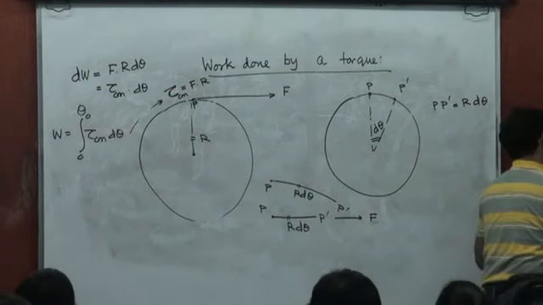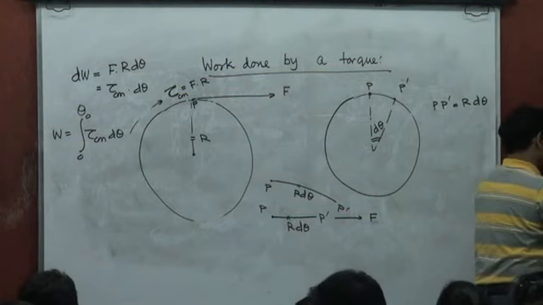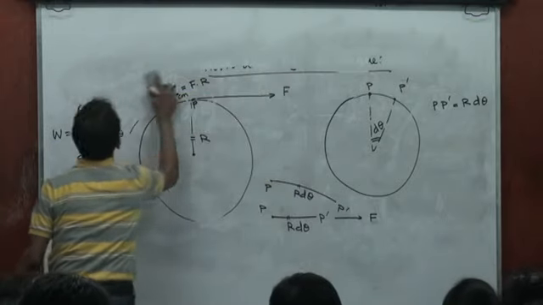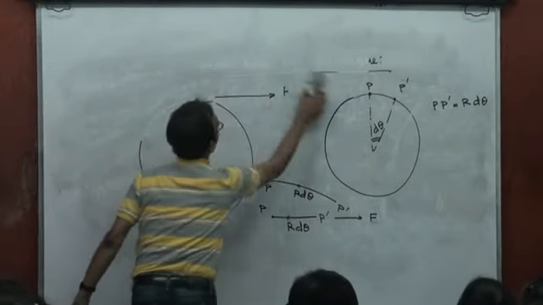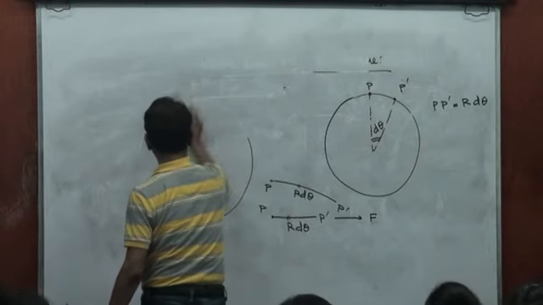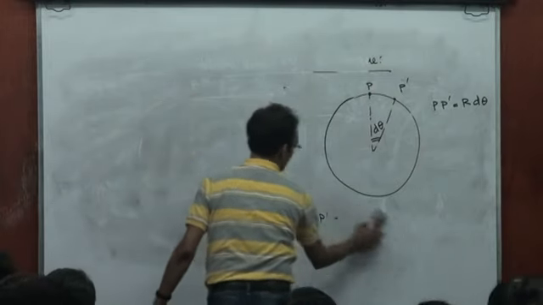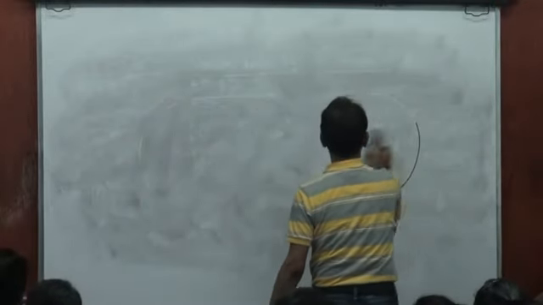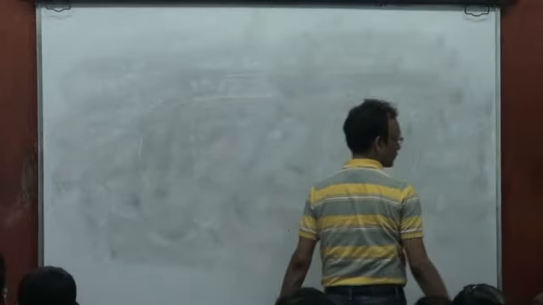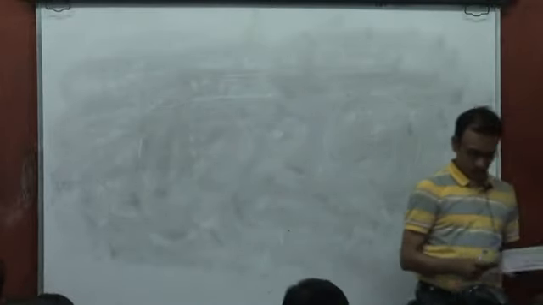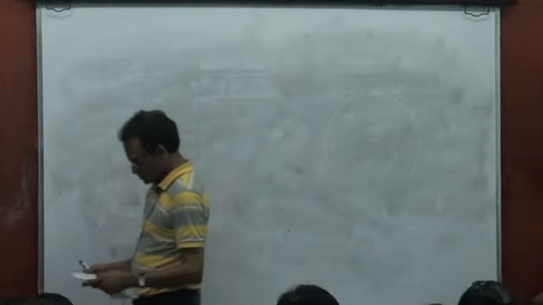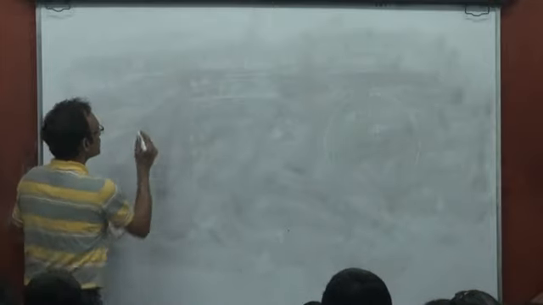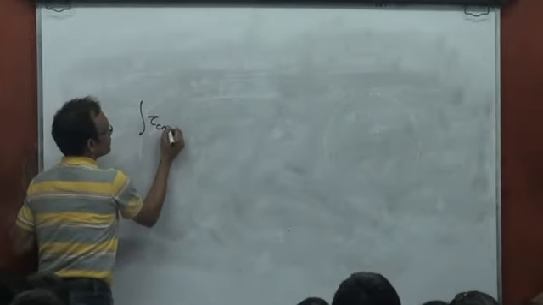Now, just to illustrate this, look at problem E. If the torque is constant, see, I said tau cm d theta.